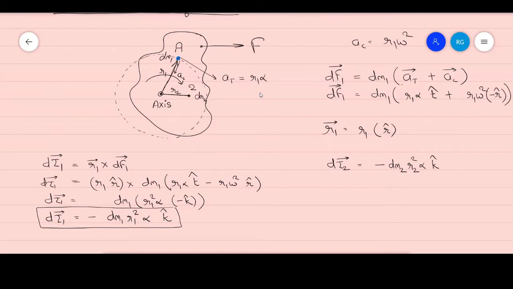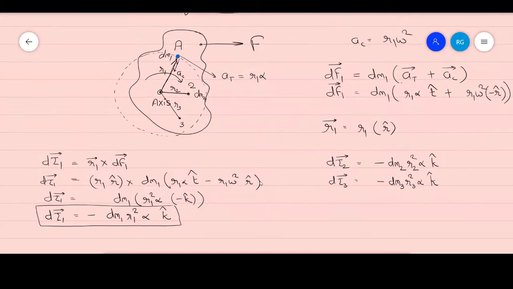On the third particle, at a distance r3, d tau 3 will be minus dm3 r3 square alpha k cap. So we can find the torque on all the particles.